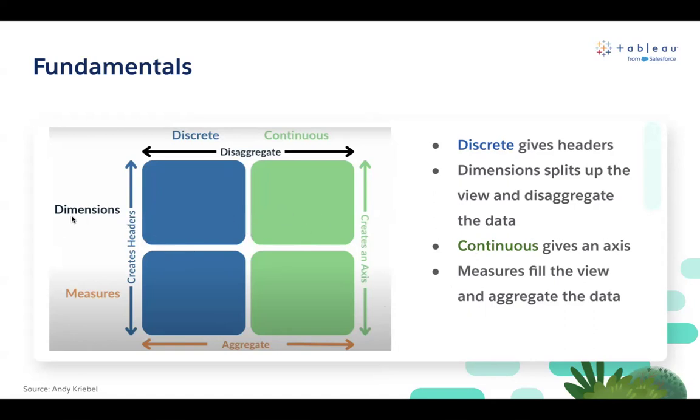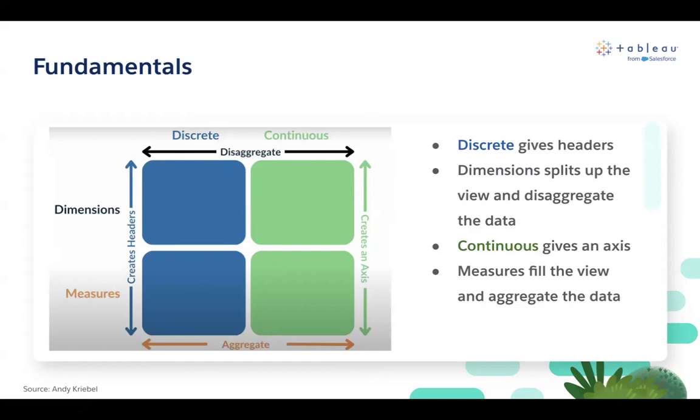So I'll try to repeat what I say. With these combinations, the dimensions, measures, discrete, and continuous, we can create four different options: discrete dimensions, continuous dimensions, discrete measures, continuous measures. One thing to keep in mind is whenever you pull a dimension, it will always disaggregate your data and split the view.